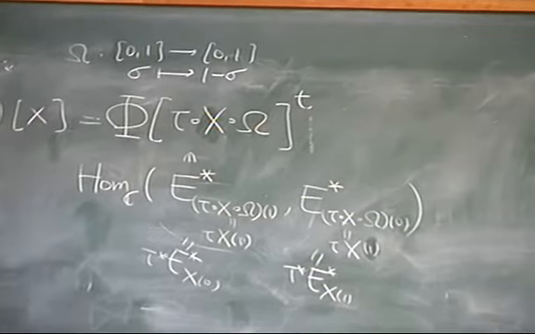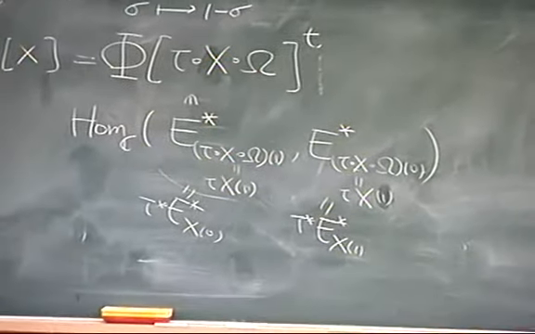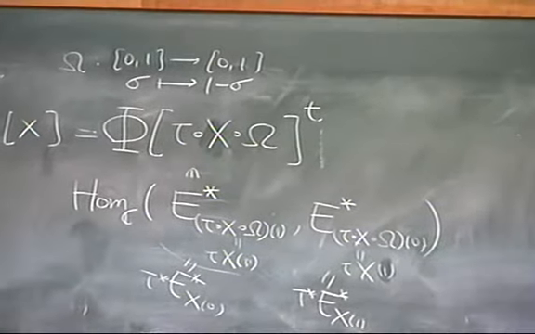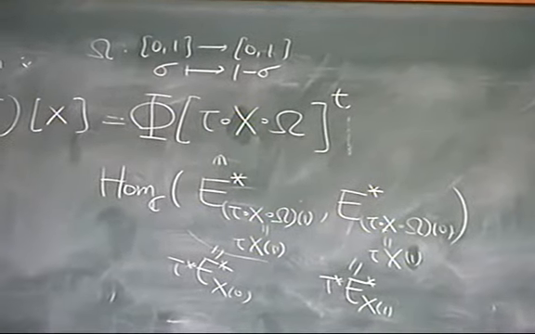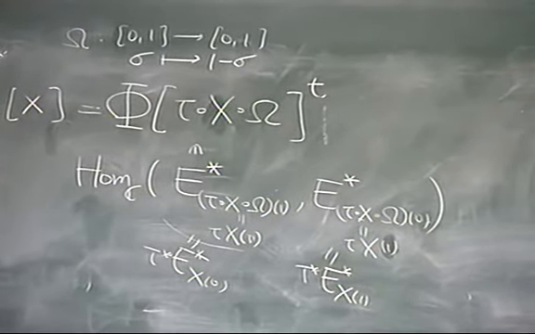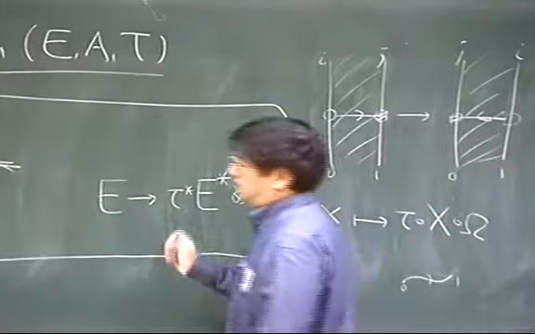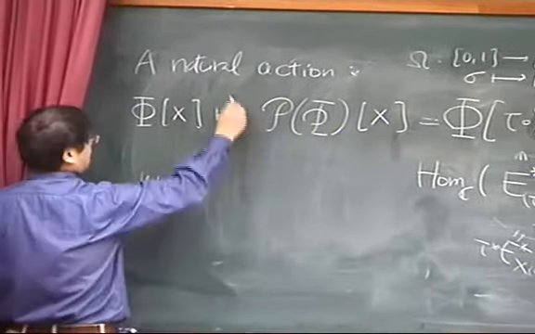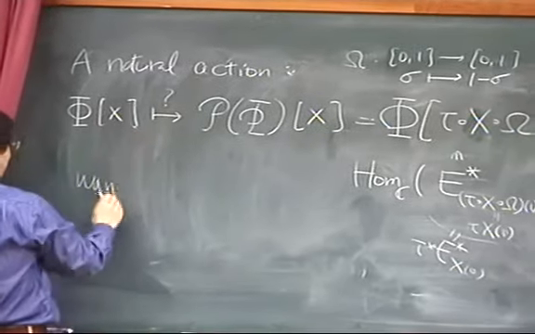Okay. But this is not something you want, because what you want is a string state between the image branes. The image brane is this, not just tau star E star. So this is a first attempt.